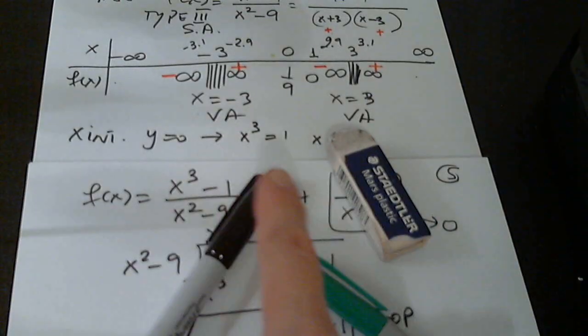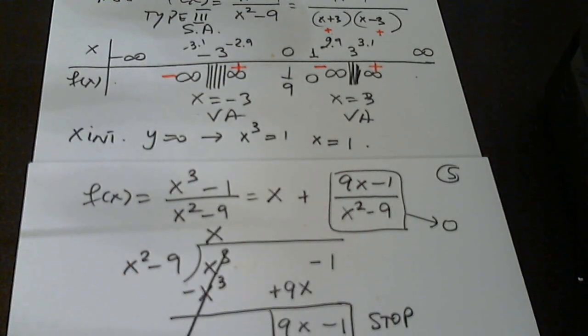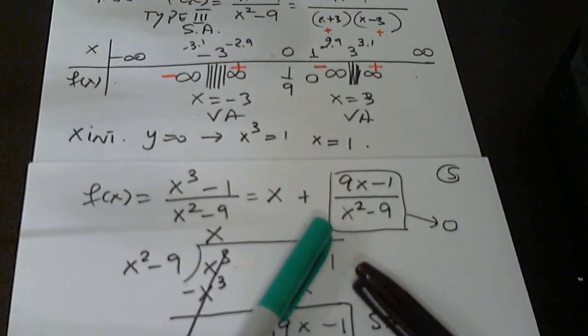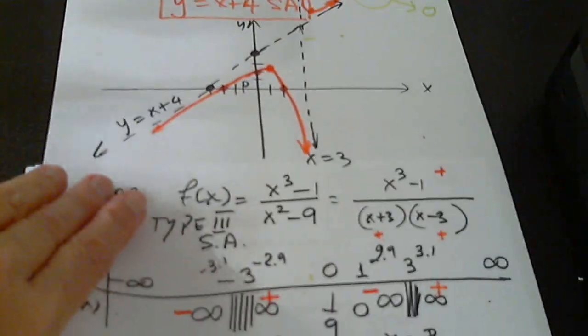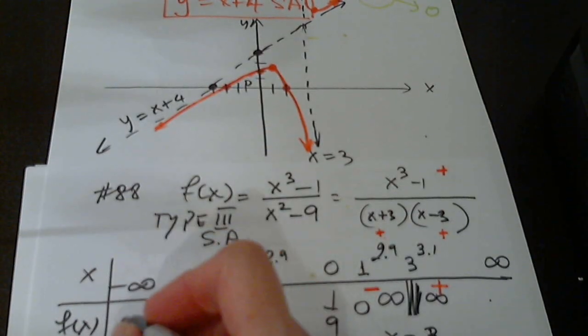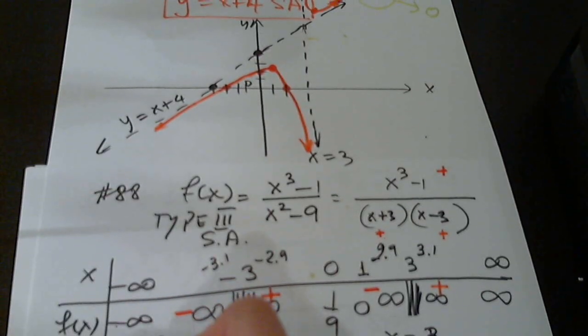Because this will give me the end behavior of the function. Which one? Like this or like this? 1 or 2? 1. Yes, because the leading coefficient is positive. So negative infinity to infinity, y equals x slant asymptote.